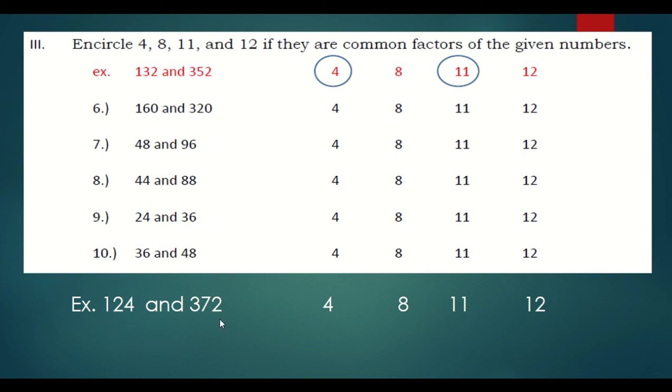The last two digits are divisible by 4, both in 124 and 372. So, 4 gets a circle. How about with 8? Both of them are not divisible by 8. By 11, no also. By 12, also not. So, only one has a circle here. You will do the same thing here. You have to test the number for divisibility rules.